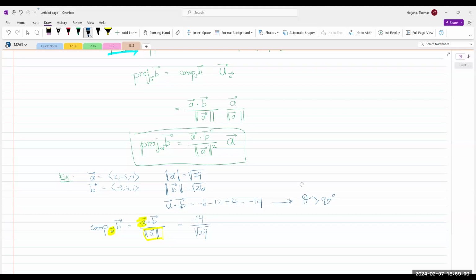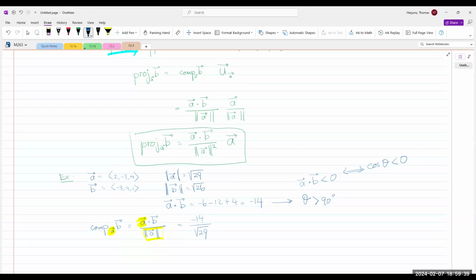Okay, if A dot B is negative, that implies cosine of the included angle is negative, right? But cosine of the included angle is negative if the included angle is greater than 90 degrees.